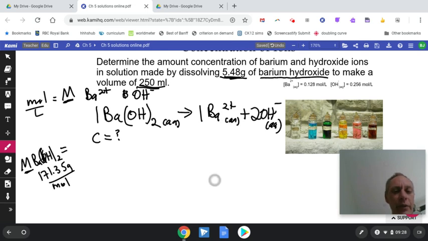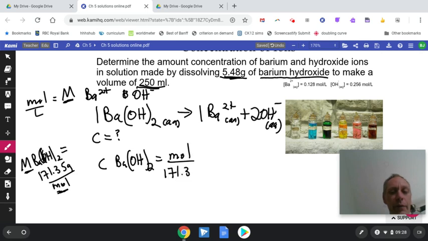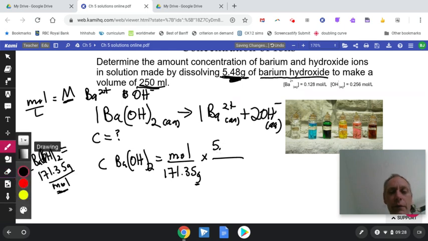So first thing we're going to do is figure out the concentration of Ba(OH)2. And we're looking for moles per liter. So here's our moles. Let's flip this thing and put moles on top: moles over 171.35 grams. Okay, we got our moles. We need to get rid of the grams. Here's how we'll get rid of the grams. So that goes on top, 5.48 grams. Okay, grams are gone.